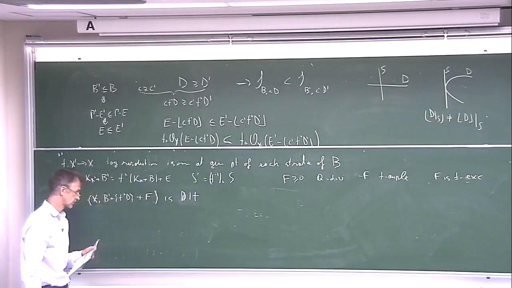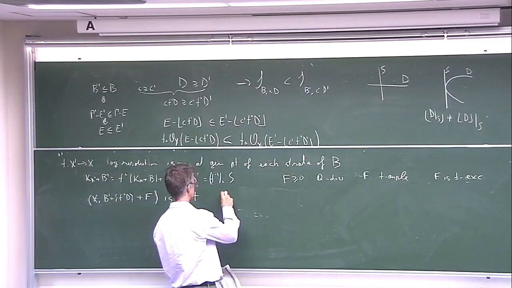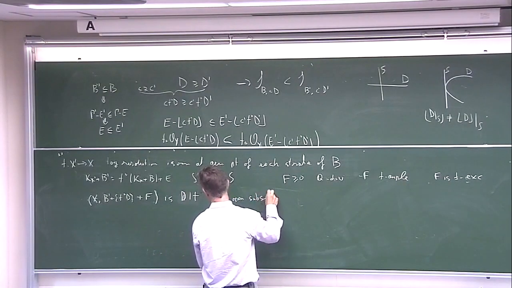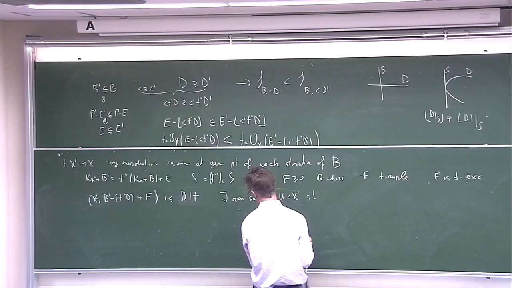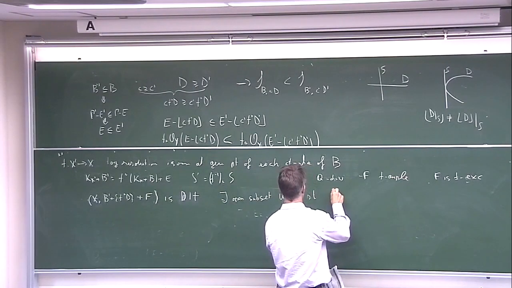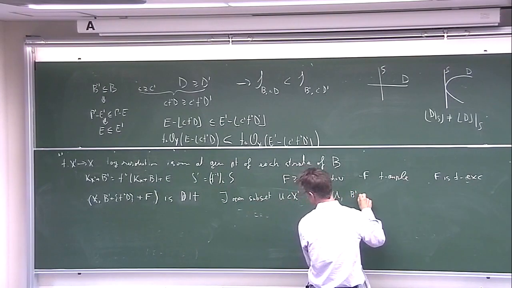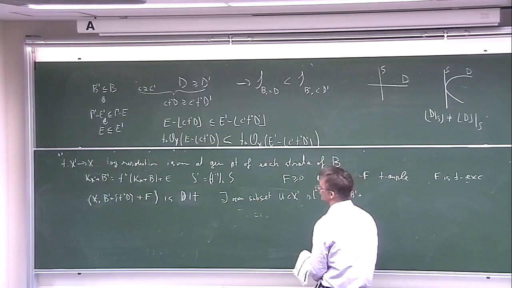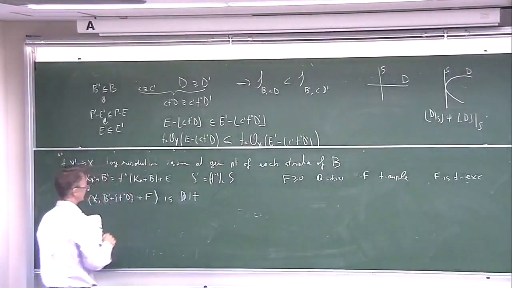I don't know if I've talked about DLT, but what DLT means is that there exists an open subset U containing X prime such that when I restrict, so when I look at U, B prime plus, well, in this case, I don't need to tell you what DLT is because this divisor here has simple normal crossings.